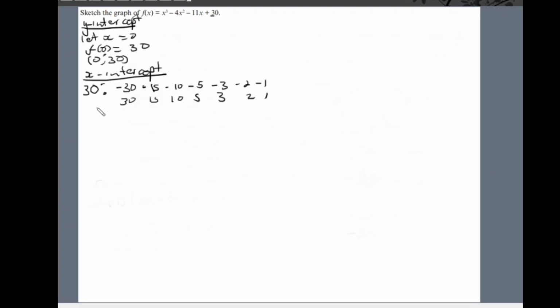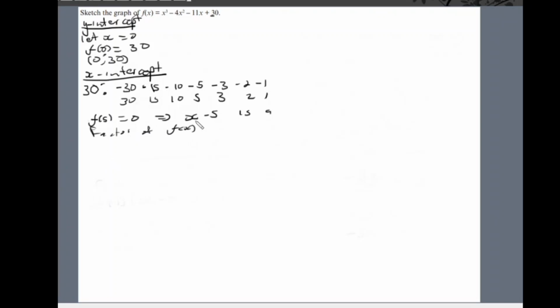I will start at minus 30 and end at 30, with a step of 5, and when I look at the table, I see that f of x equals 0 when x equals 5. So f of 5 equals 0, which implies that x minus 5 is a factor of f of x.